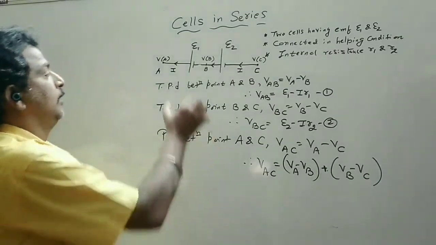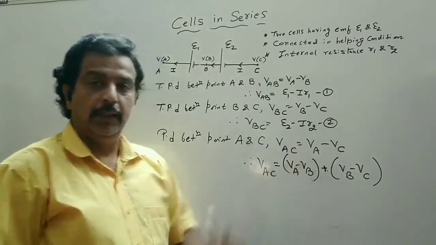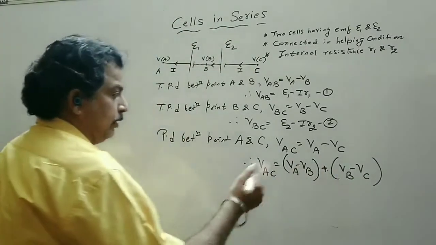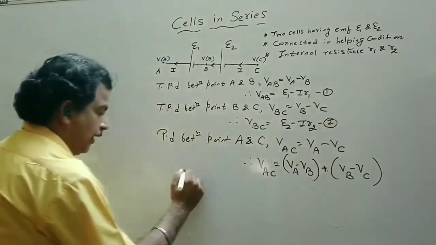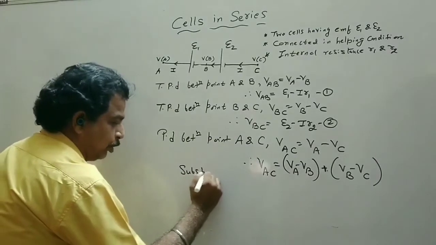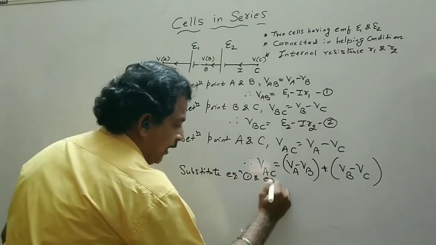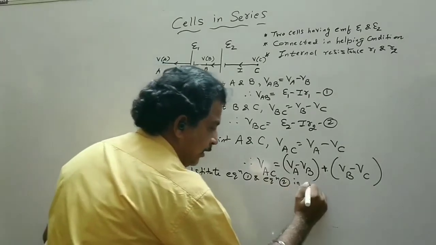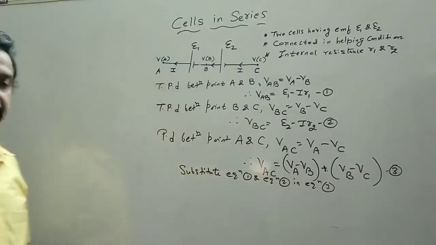So it is like V1 plus V2. Now simply I have to substitute these two values here, or substitute equation 1 and equation 2 in equation number 3. Let this be equation number 3.